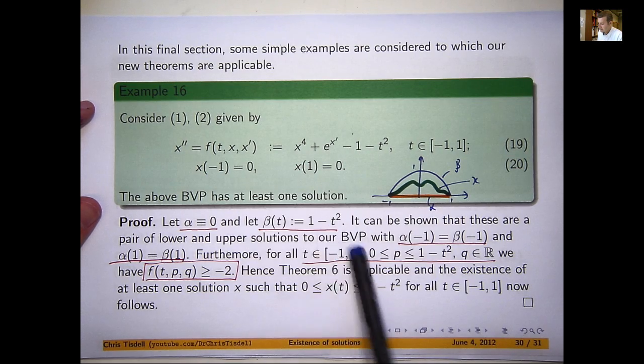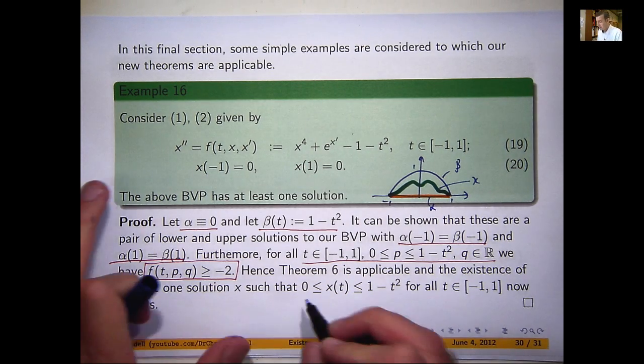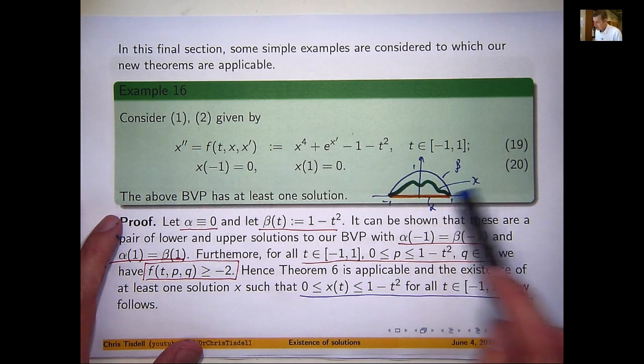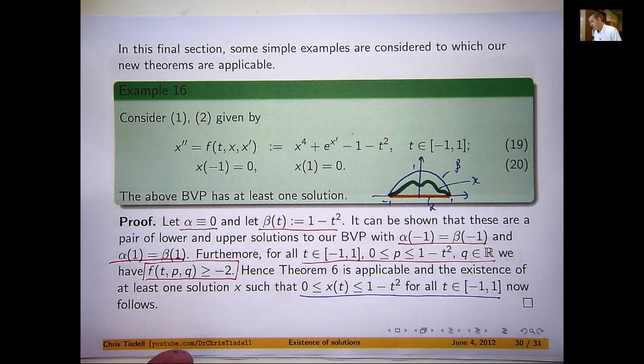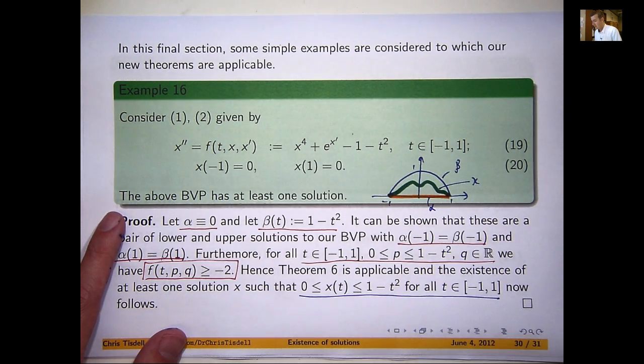I haven't put all the details in; I'll leave you to put the details in. See if you can form the inequalities and check off that all the conditions are satisfied. You can see that this is quite a nice conclusion, because it gives us a location for where one of our solutions lies. It lies above this function and below this function.